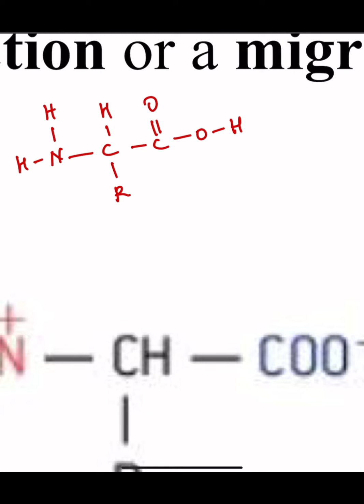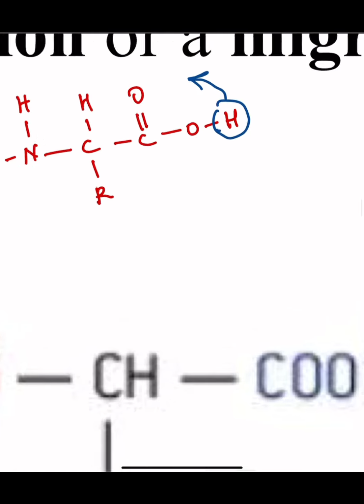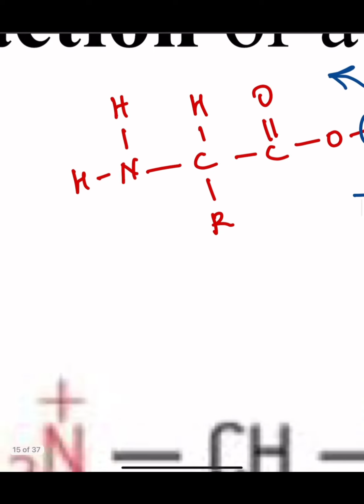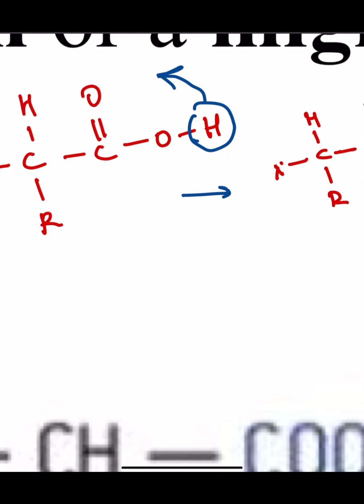COOH. Because this is acid, it donates, this hydrogen leaves, right? So when this guy is leaving, the structure on this side is gonna be looking like this: COO, and then oxygen left without the hydrogen, right? It will carry the charge of negative. When oxygen has only one bond, it becomes negatively charged. And then we write the middle stuff as it is, R, and on this side we got the nitrogen with hydrogens, right?